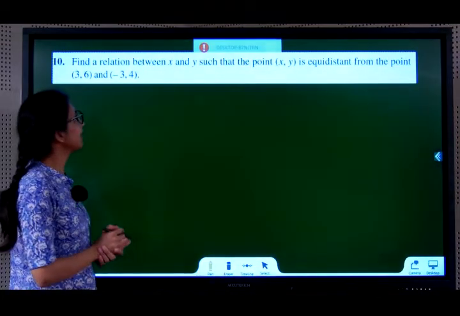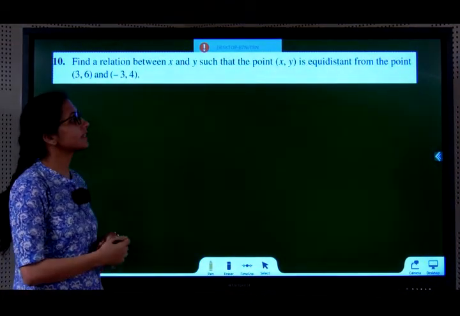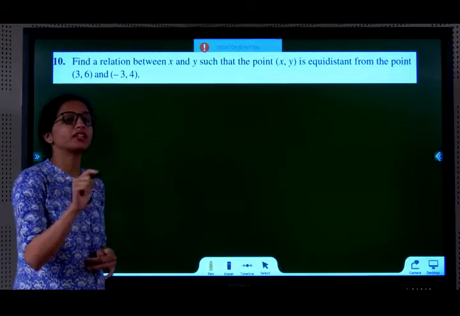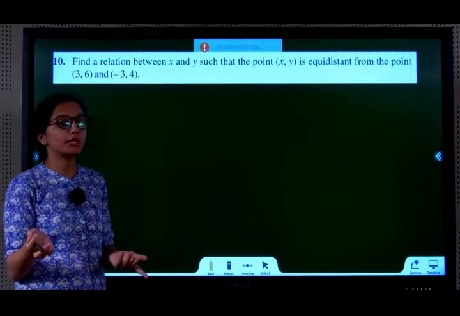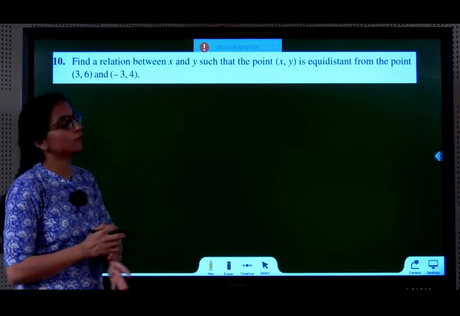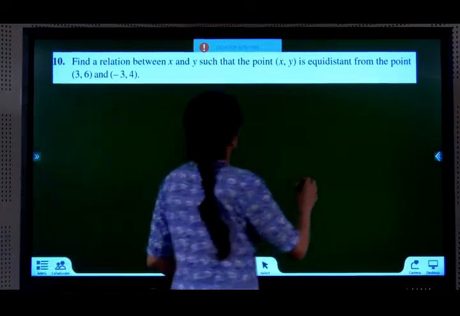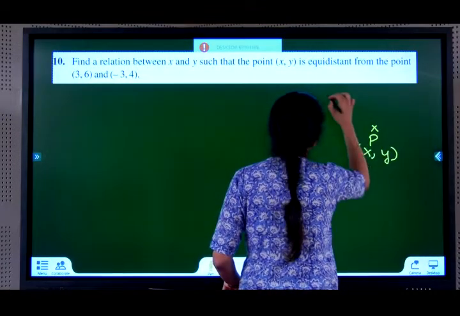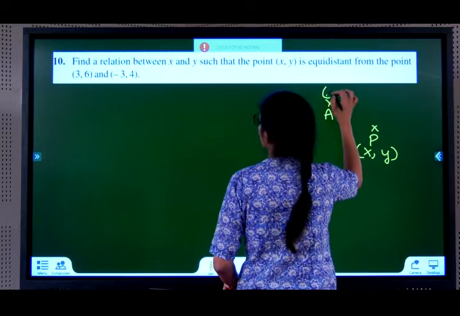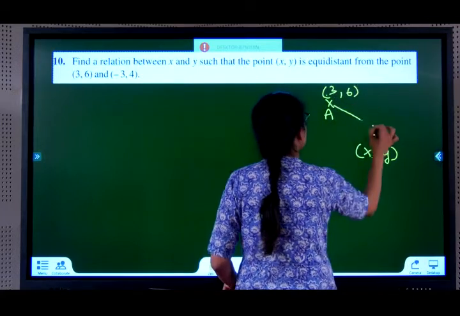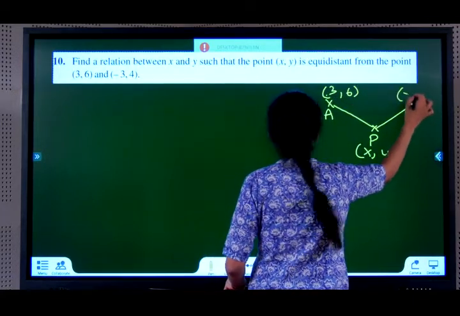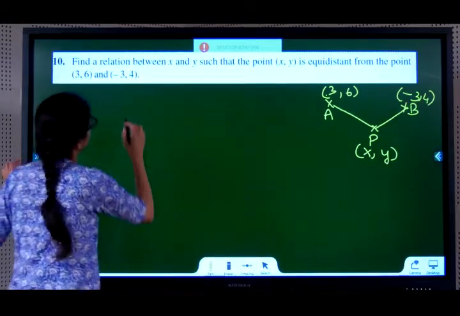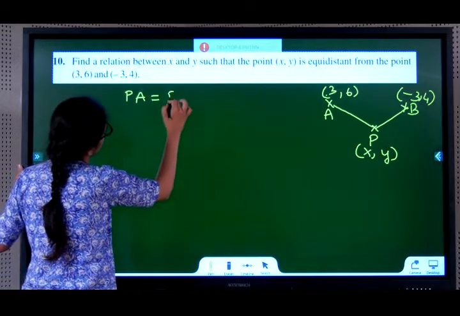Question 10. Find a relation between x and y such that the point is equidistant from the given 2 points. Relation between x and y is nothing but the equation. We have already covered the same type of question in the example. So, let this point be P and let A be (3, 6) and B be (minus 3, 4), given PA is equal to PB because they are equidistant.